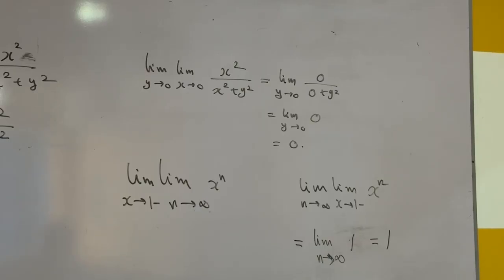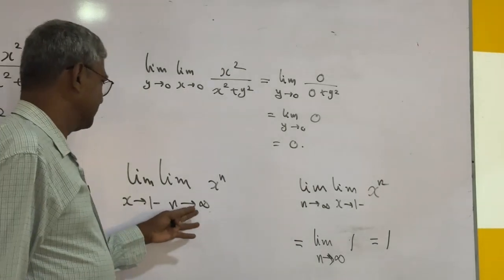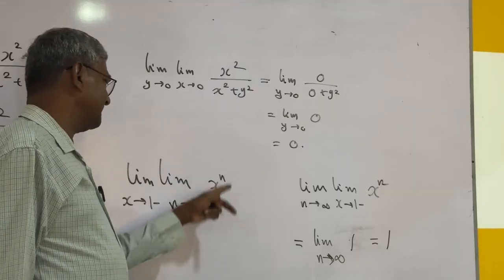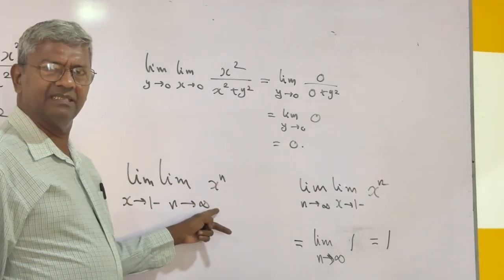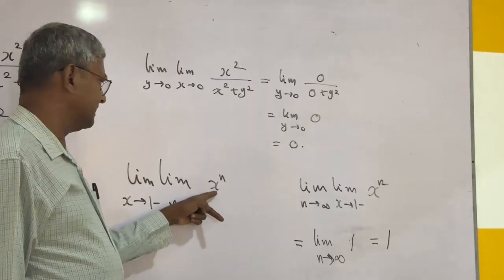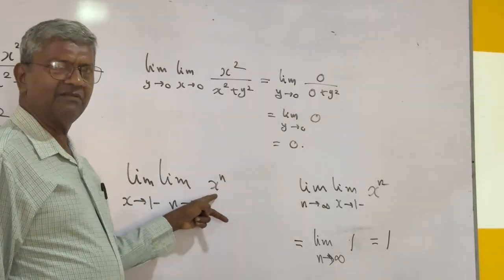Very good. That's why I was going to tell you. Here, if x is greater than 1, this limit is infinity when n tends to infinity.